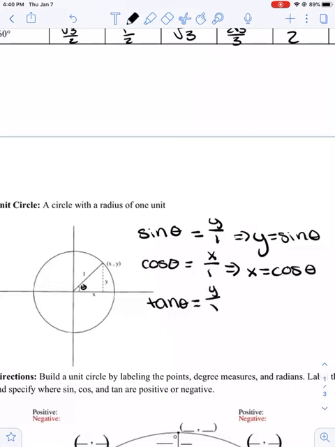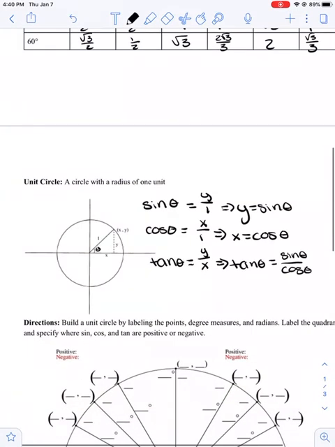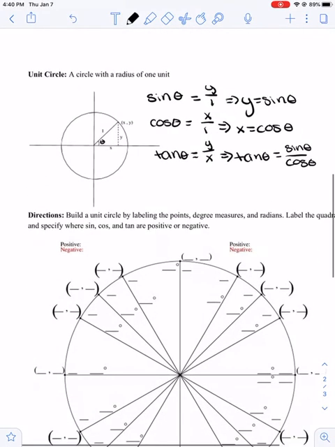So y over x. And then above, we know that y equals sine theta, and we know that x equals cosine theta. So tan theta equals sine theta over cosine theta. This is going to help us when we build our unit circle. So let's take a look.